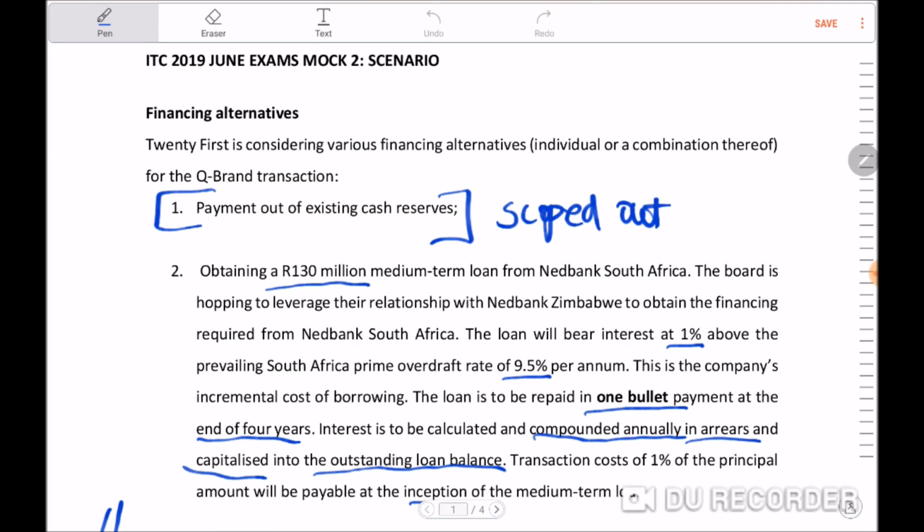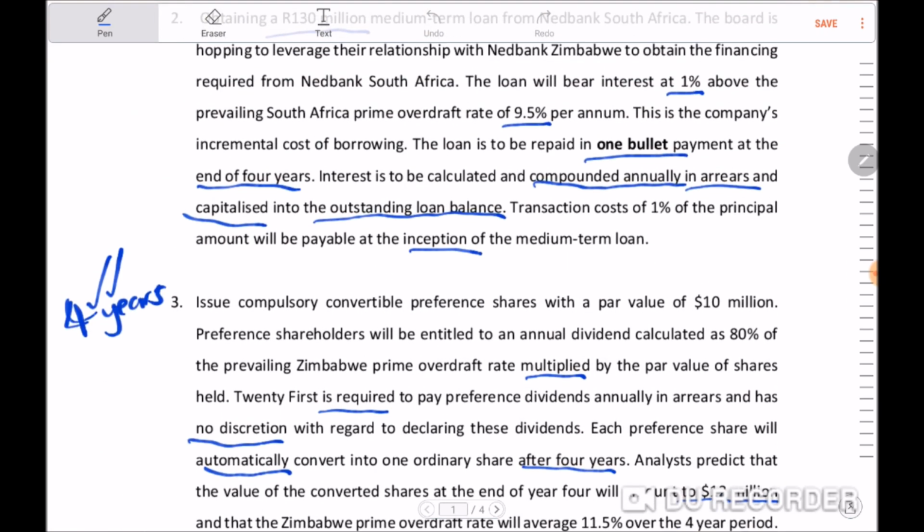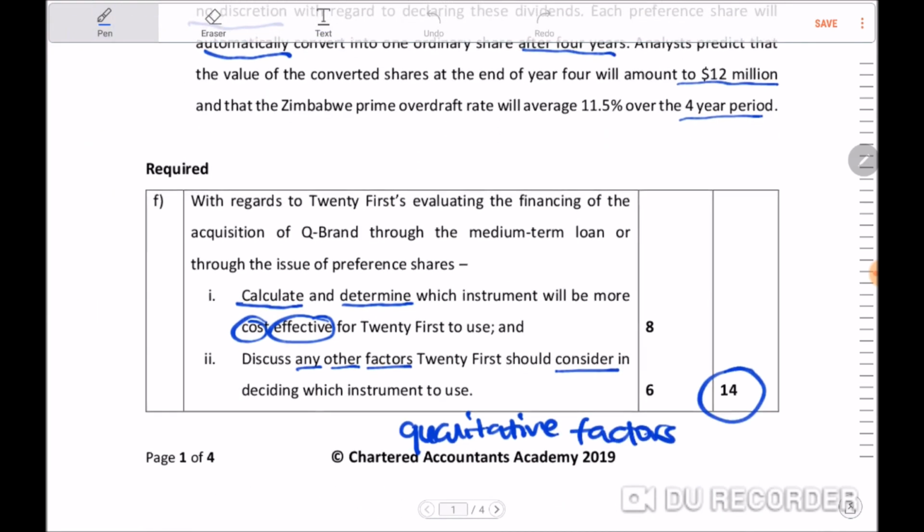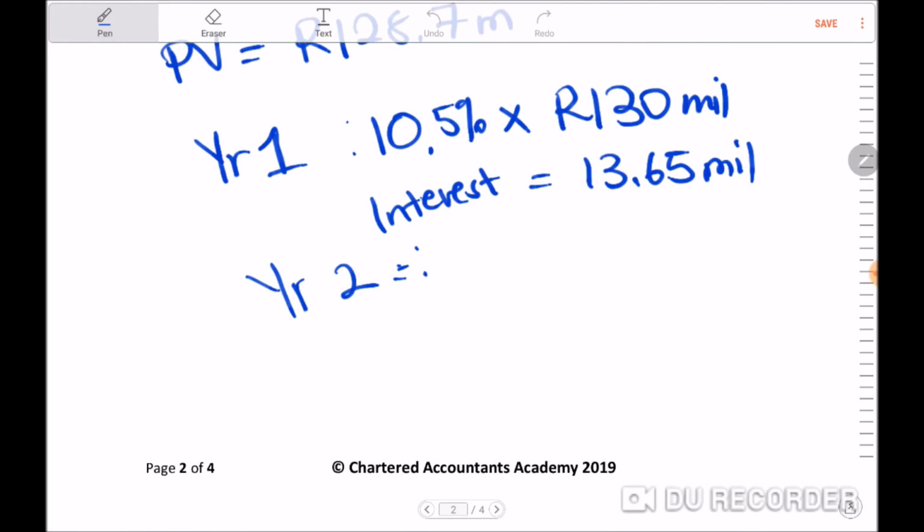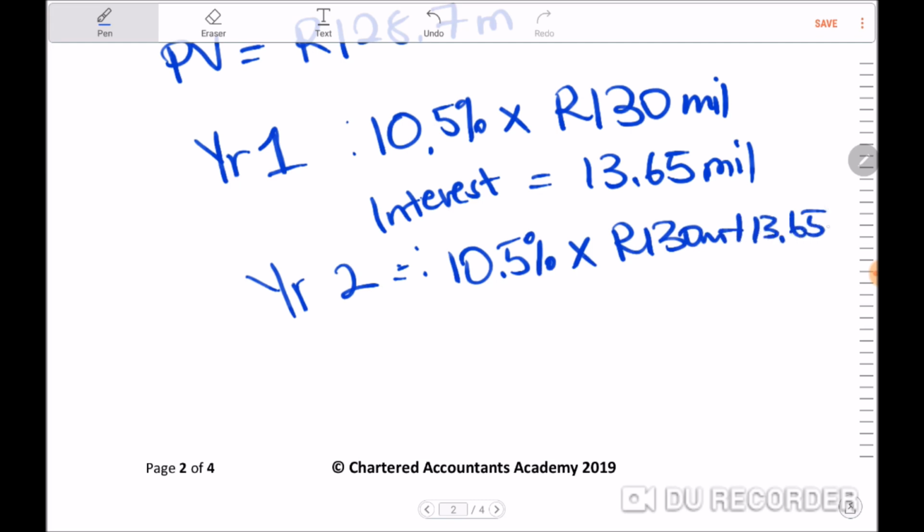If you go back, it says it is compounded annually in arrears and capitalized onto the outstanding loan balance, which now means in terms of my capital, I am calculating 10.5% multiplied by 130 million rand plus the 13.65 interest, which I have capitalized.